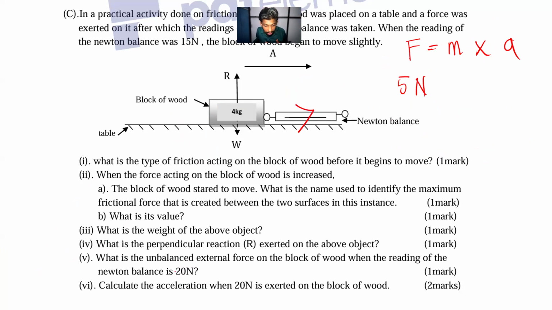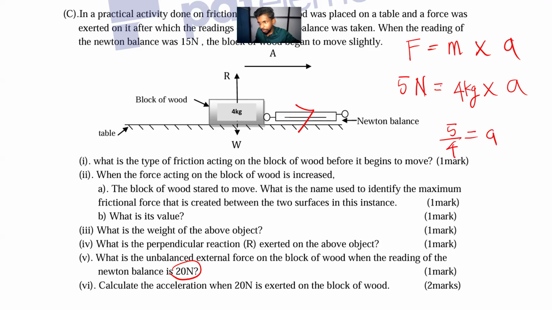They have clearly mentioned we are applying 20 Newton, but don't worry, because that is our second term syllabus, so just leave that one. I will put 5 Newton. You know the mass of the wooden block, that is 4 kilograms, and you don't know the acceleration. So if you want to find the acceleration, what do you want to do, Pulahal? You want to divide the 5 Newton by 4 kilogram.